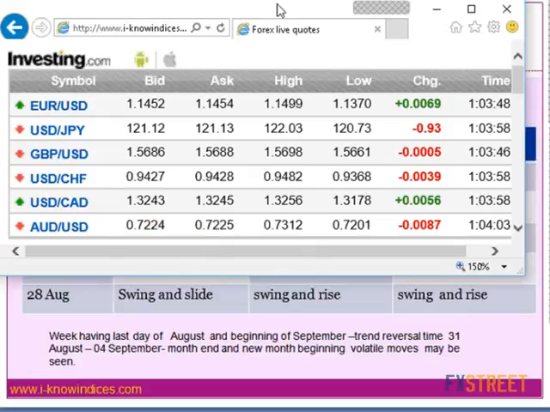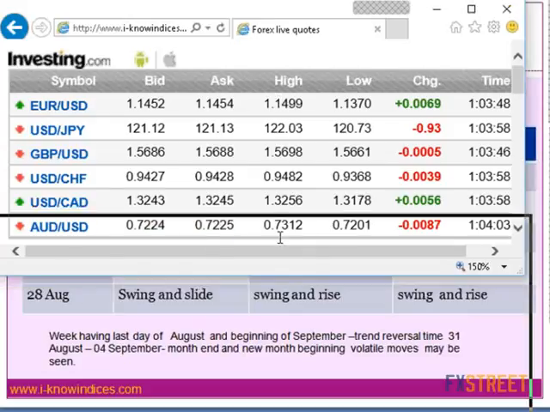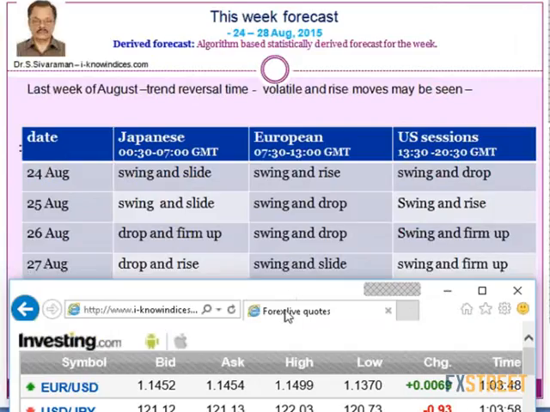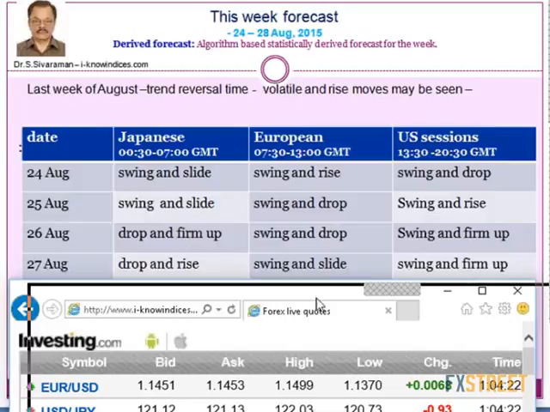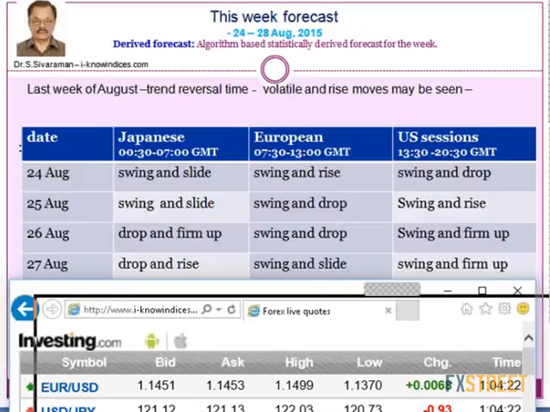Whatever may be the excuse, they use the data release as a trigger, then subsequently make such an extended stop move, but on the upside in the case of euro and on the downside in the case of Australian dollar. And later on, they will just reverse the market.